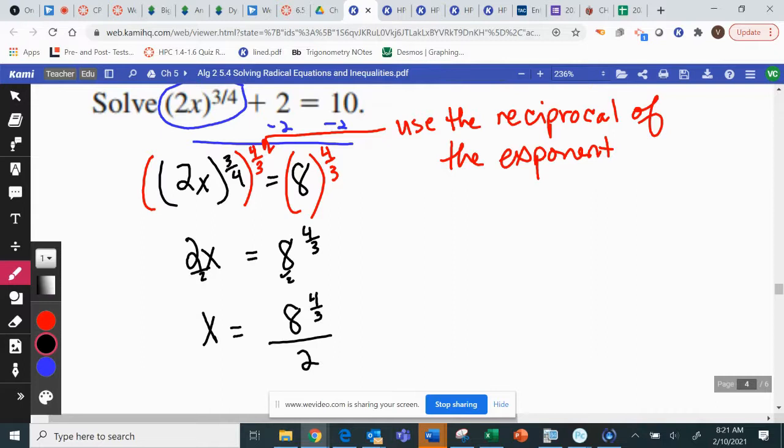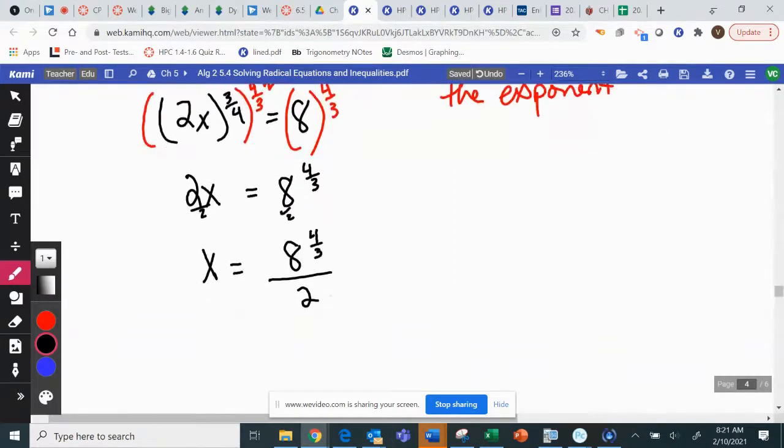Okay, now I'm going to use what we've been learning in this chapter to simplify 8 to the 4/3 over 2. Of course, if I have a calculator, I could type it in, but it's going to take me longer to type it in than to just simplify it by hand.